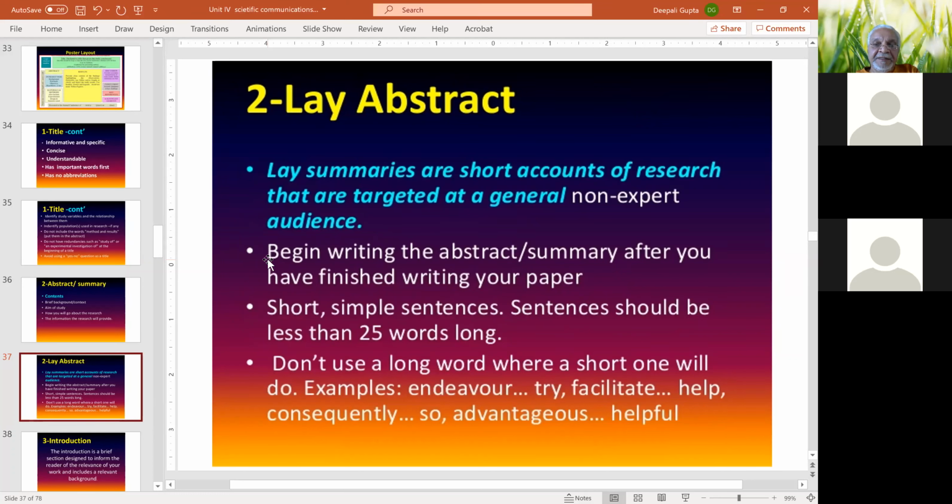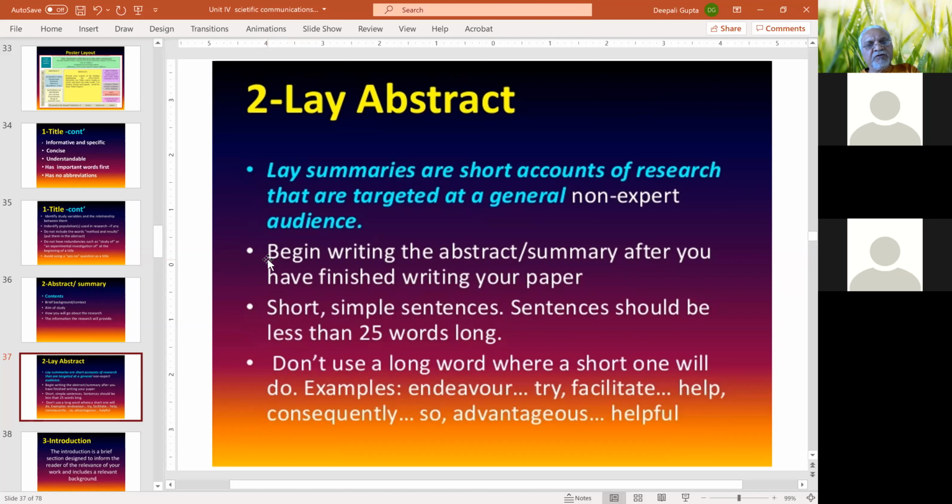Normally you can write the abstract after you have finished writing your paper, or, it depends on the person. The one who has conducted the research knows the entire story, what story has been built, and what data is on the table.